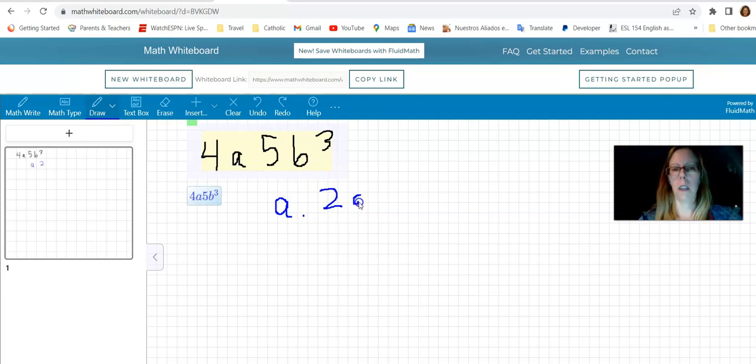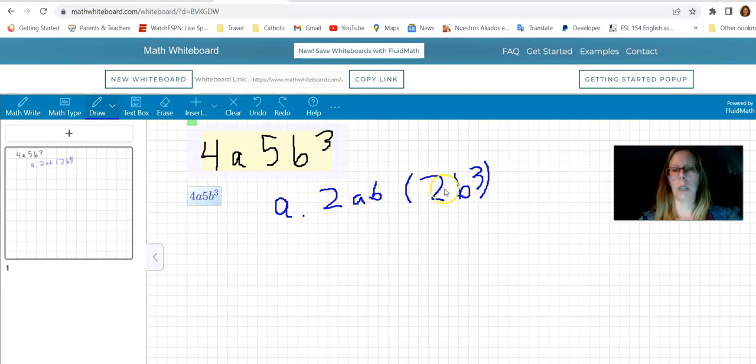2ab times 2b cubed. Okay, well, this is not going to be the same, right?